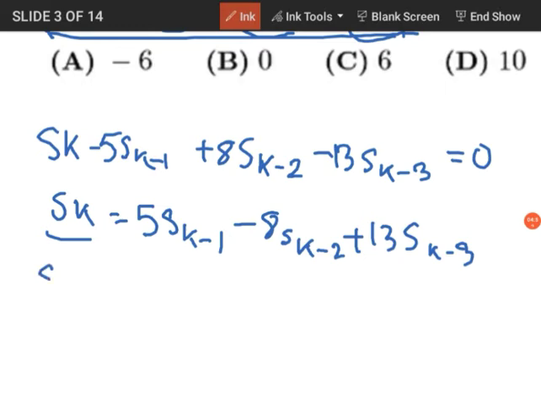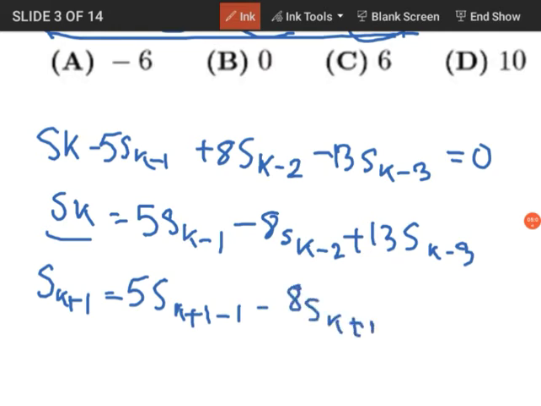This will look something like s_{k+1} = 5 s_k - 8 s_{k-1} + 13 s_{k-2}.